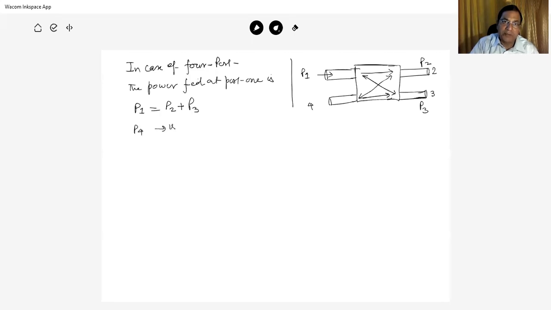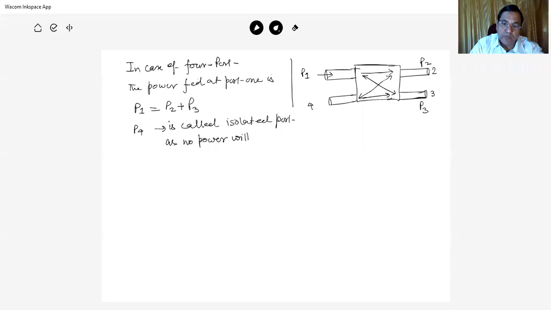P4 is called the isolated port, as no power will reach this port, ideally.